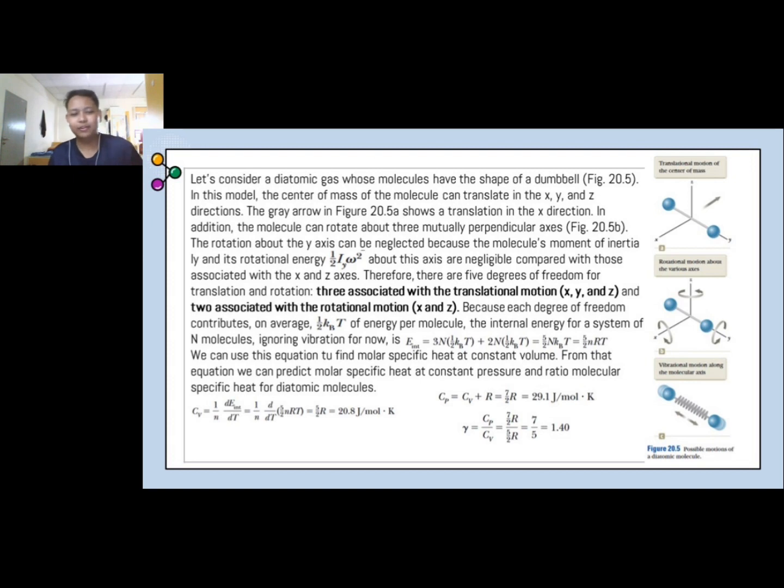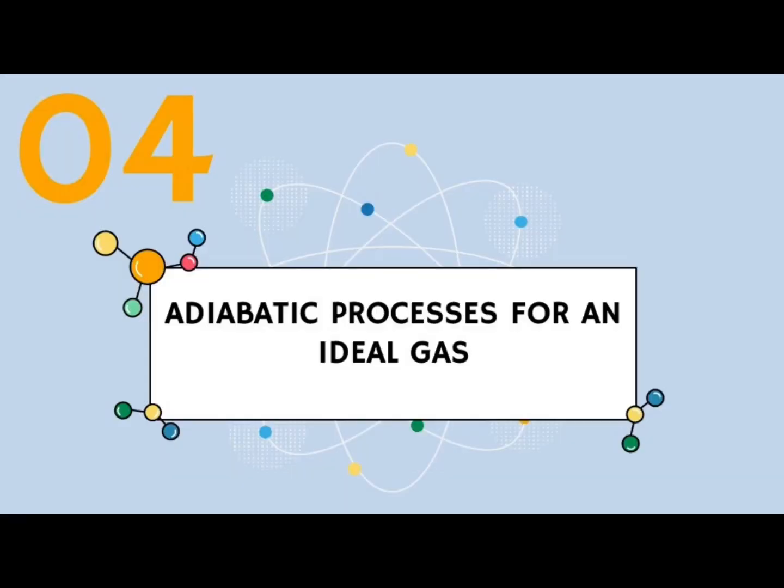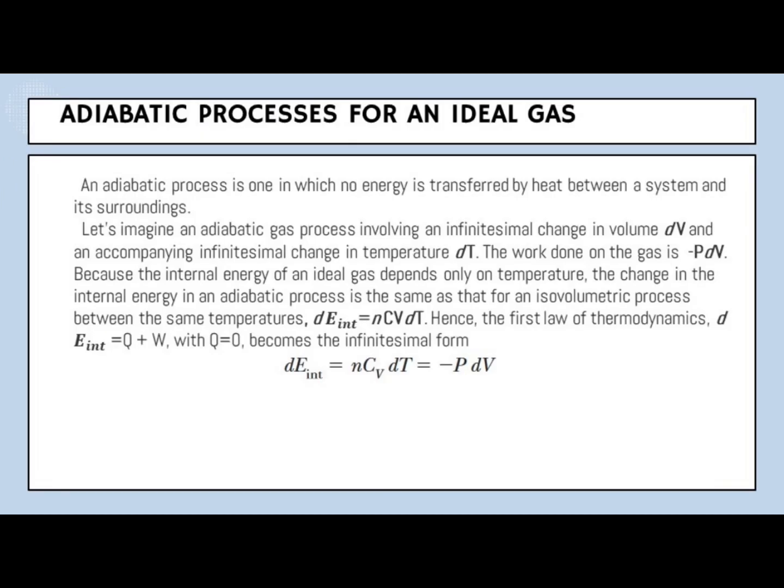Okay, moving to subtopic 20.4. We already know that in an adiabatic process the heat transfer is 0, so the change in E internal is equal to the work done on the gas. The internal energy of a gas depends on the temperature.